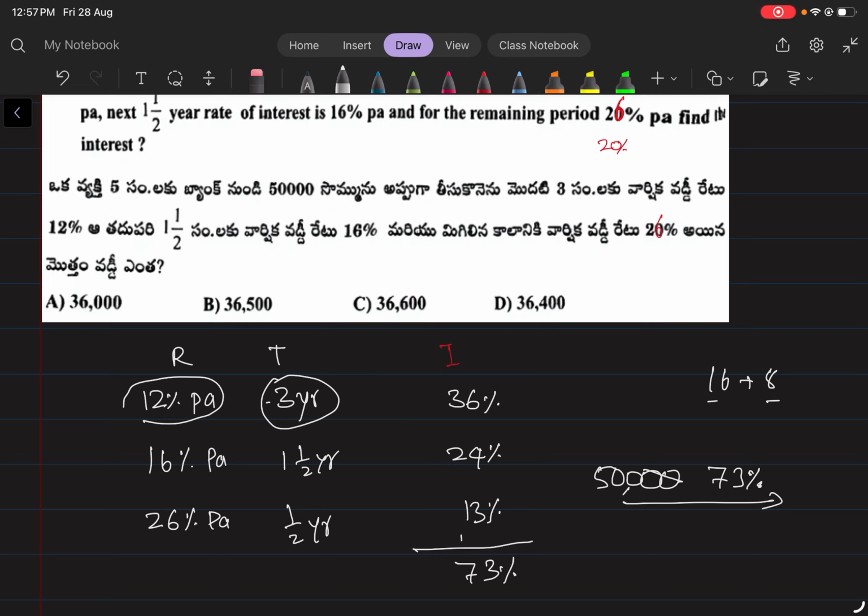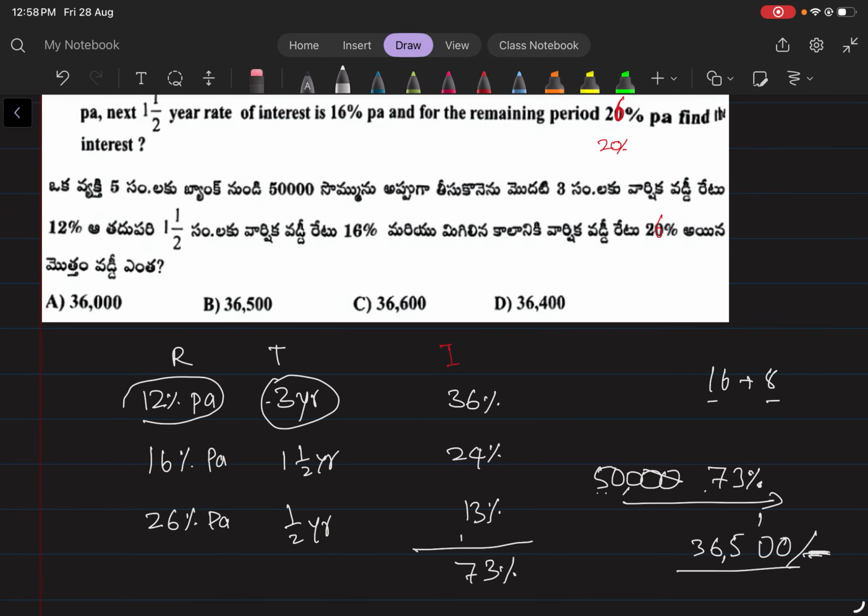So 73% of 50,000 is 500 into 73. 3 5s are 15, 7 5s are 35, so 36,500 is the interest we will get.